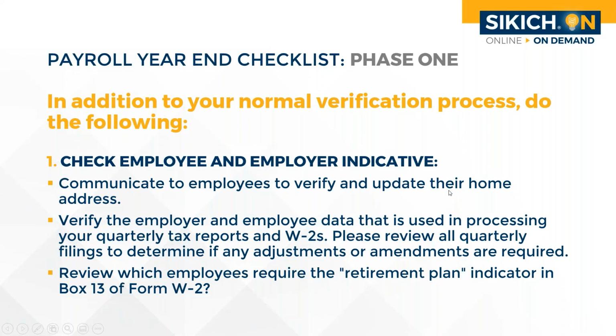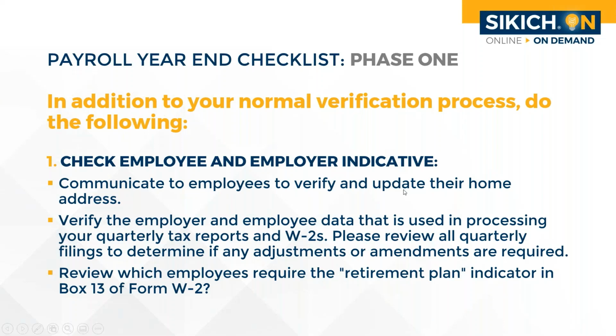From an employer perspective, make sure that all of your employer information is right, that your employer ID is right, your FEIN. Make sure that the number on your W-2 is the correct number and the same number that you used on all your quarterlies.